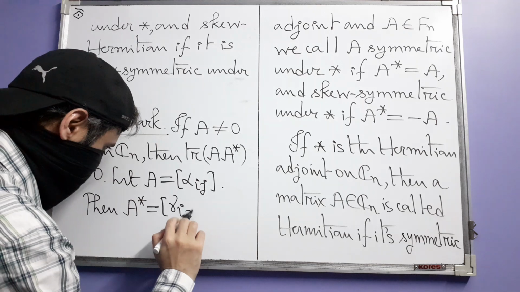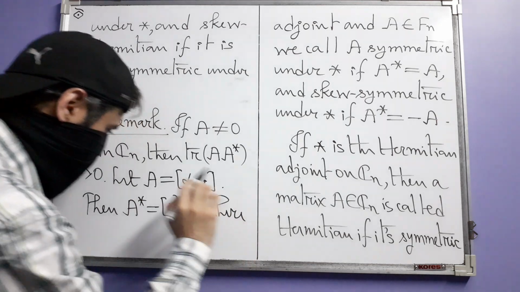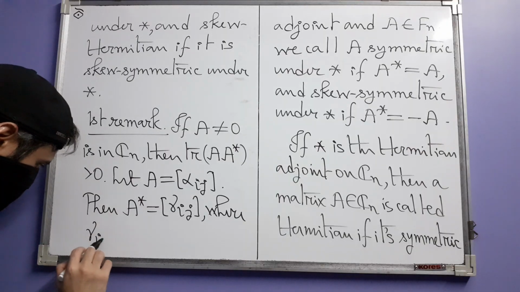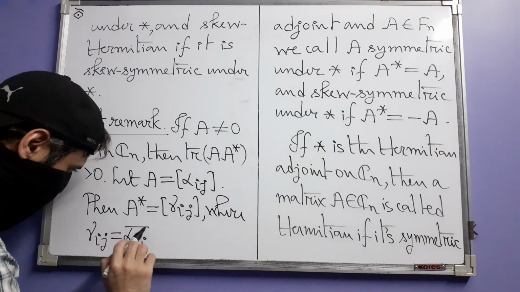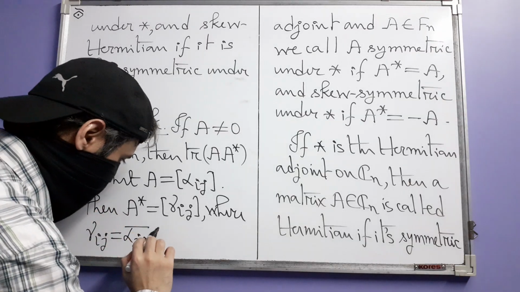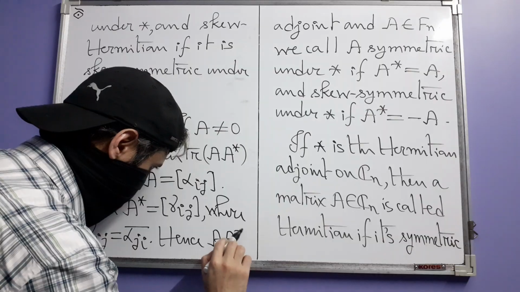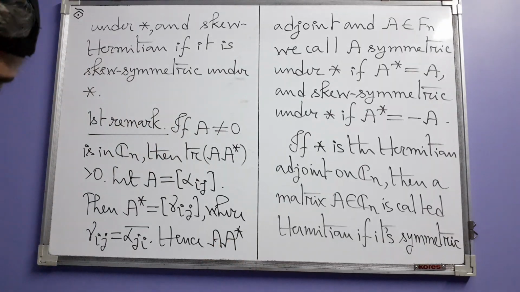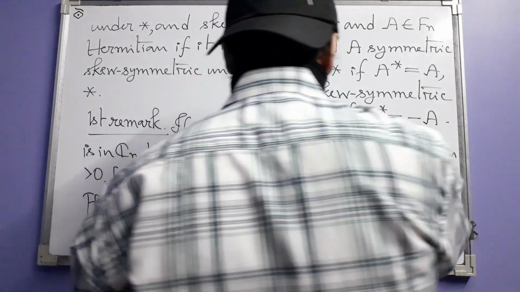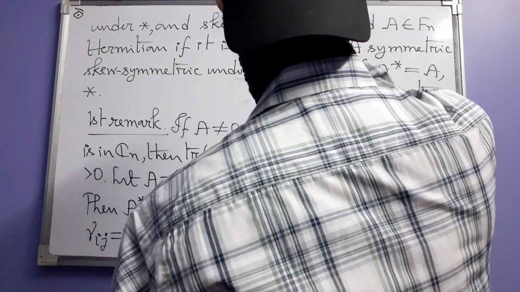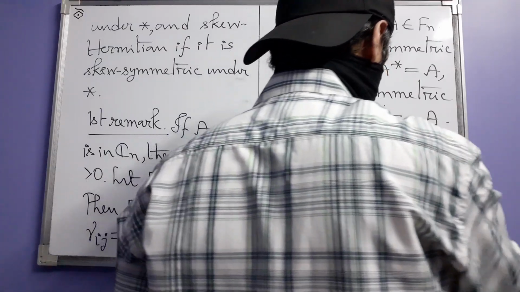A star is gamma ij, where gamma ij is alpha ji bar. Hence, what can we say about A star A? Now that we know the general entries of both A and A star, we can calculate the general entry of their product in that order, A star A.